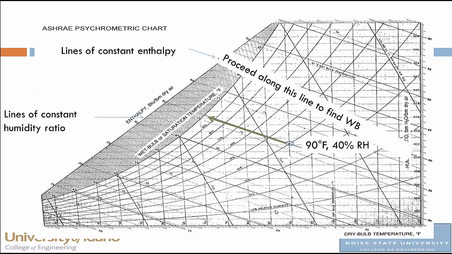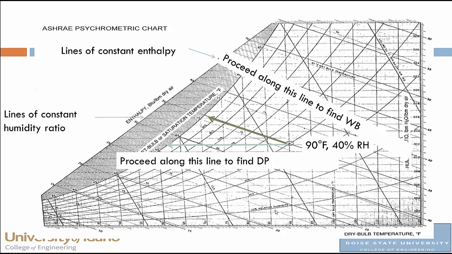Let's call it 71. Okay. For dew point, remember, we do remove heat, but the humidity ratio stays the same. So it moves along these horizontal lines. Here I see a line that goes from our point to the curved temperature line, and it shows up between 60 and 65.